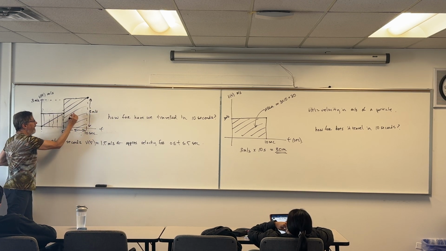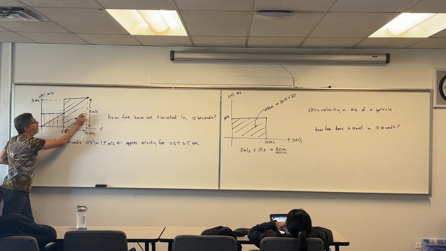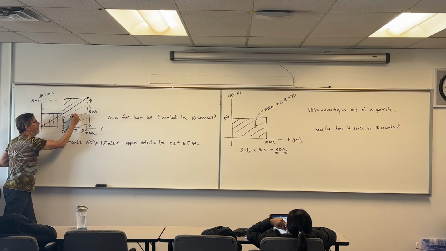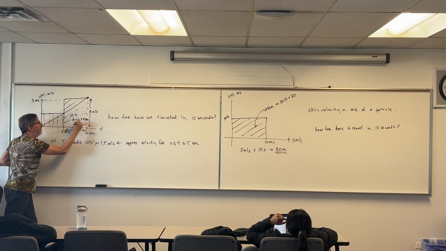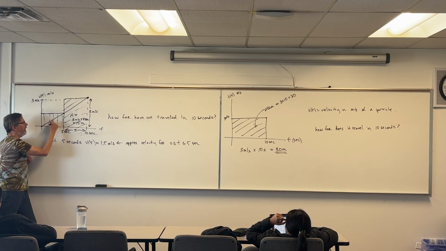So this area right here is 3 times 5. The area of this is 3 meters per second times 5 seconds equals 15 meters. So I traveled approximately 15 meters in that little time window. Let's come back over here.